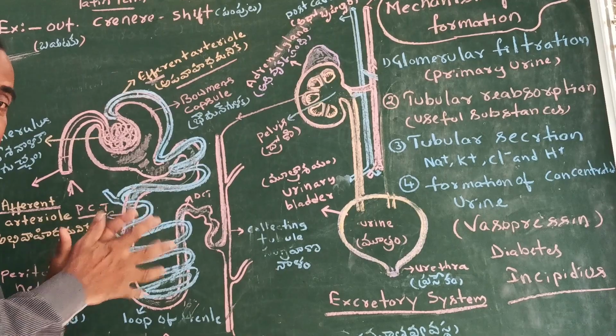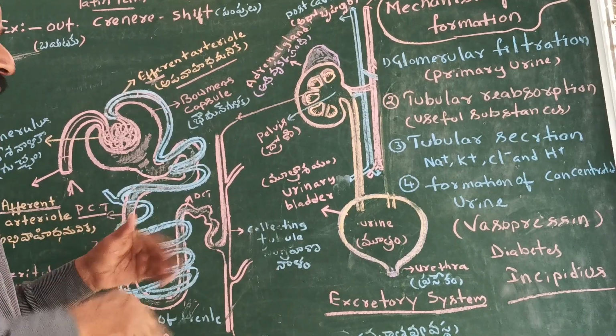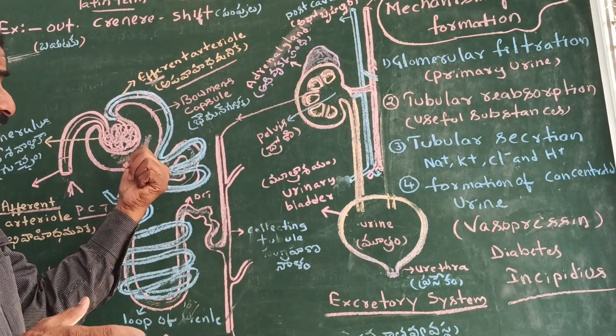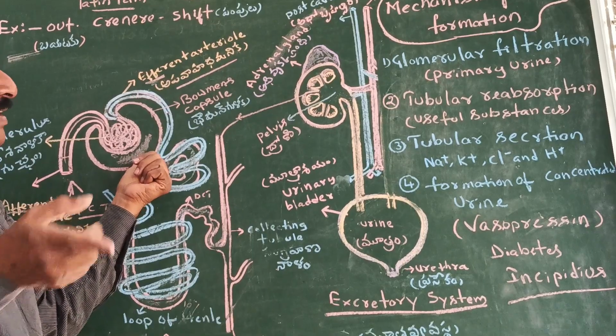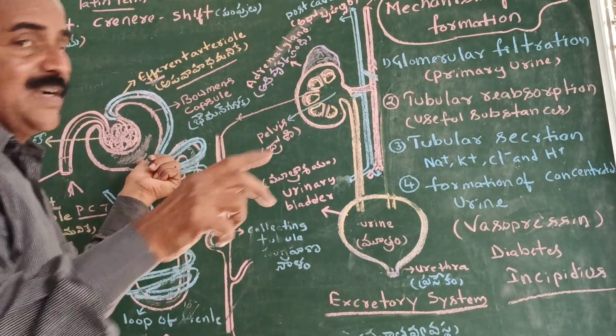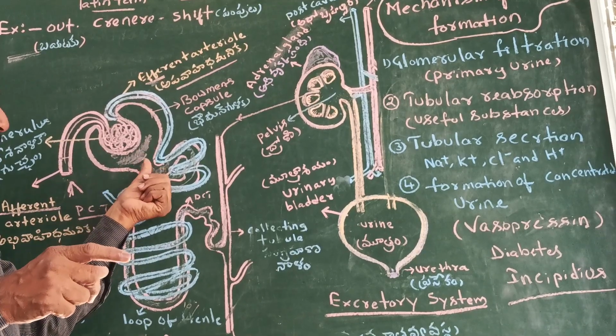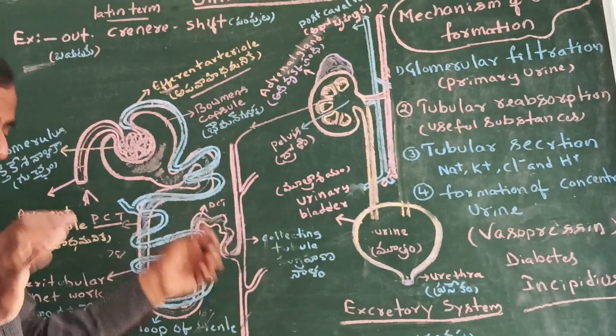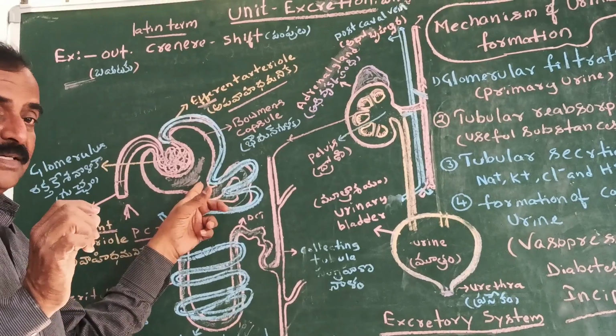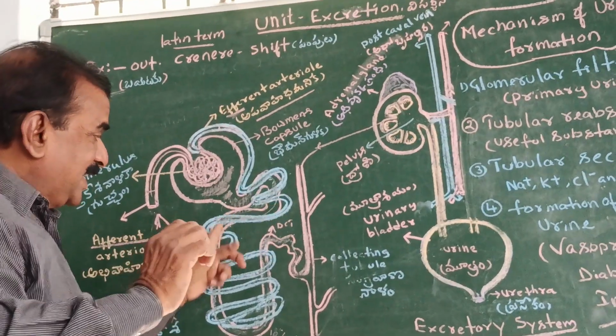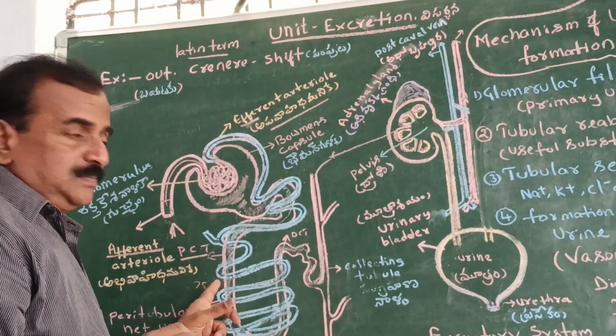This filtrate is called primary urine. This is called glomerular filtration. In glomerular filtration, blood is filtered and finally primary urine is formed, and later this primary urine enters the renal tubule.